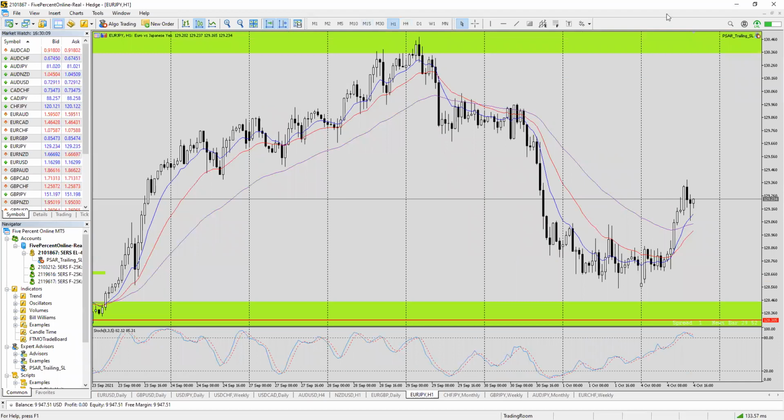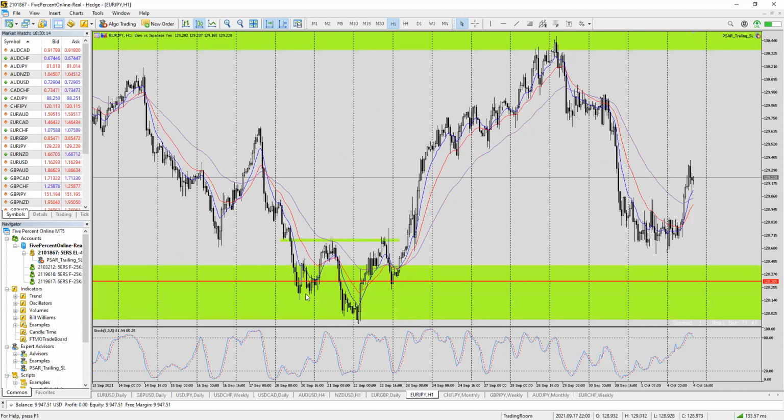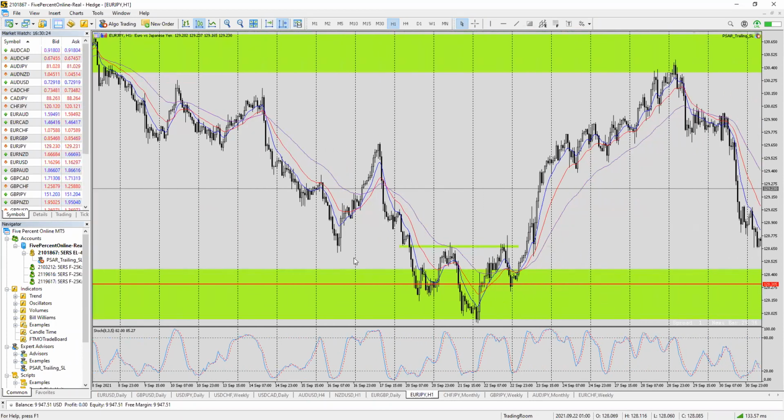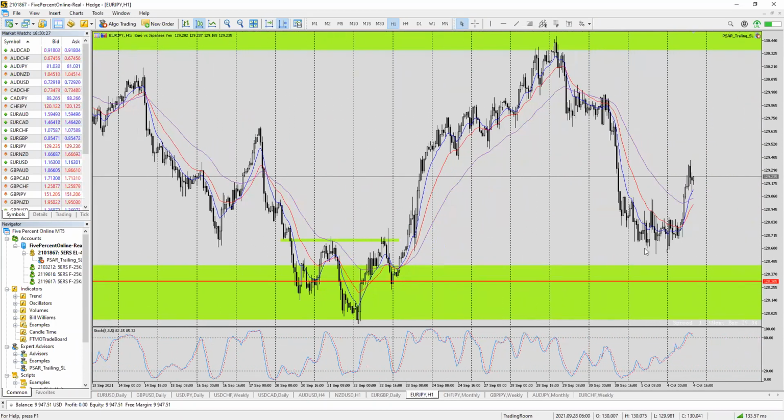For example, we had this nice head and shoulders pattern, a beautiful reversal pattern, inverse head and shoulders, which gave a beautiful move up to the previous supply zone. Okay, inverse head and shoulders.